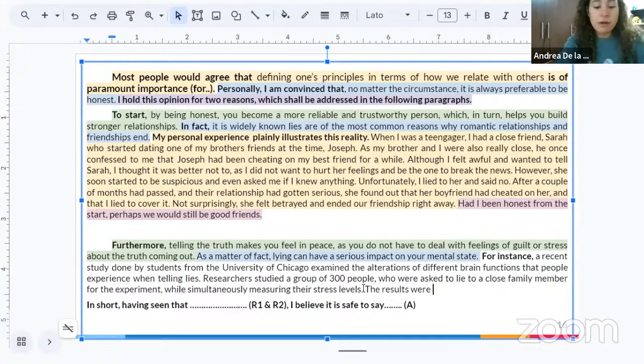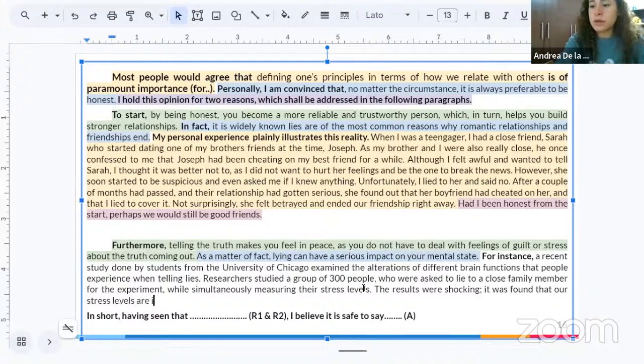Let's exaggerate a little bit. It was found that our stress levels are increased in 20 to 25% when telling lies. Okay.